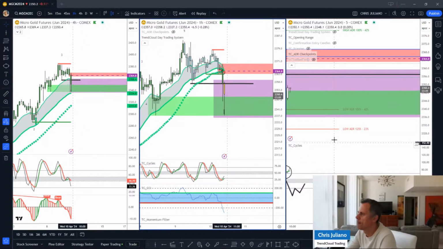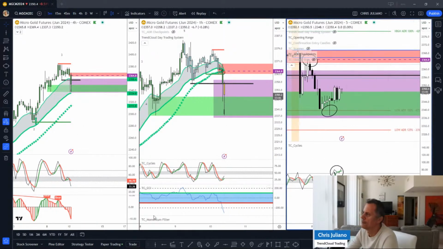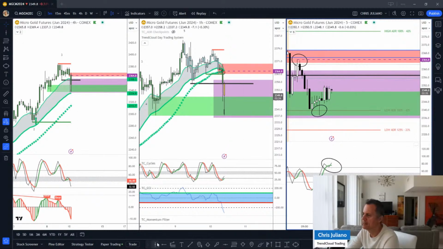And here it is. We know exactly what's going on. Look at what's happening here with that cycle indicator. We're starting to get that little pattern.